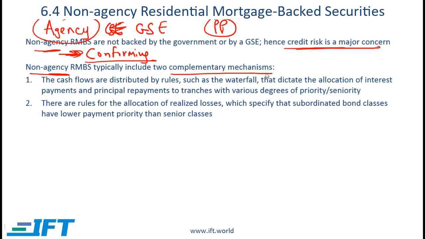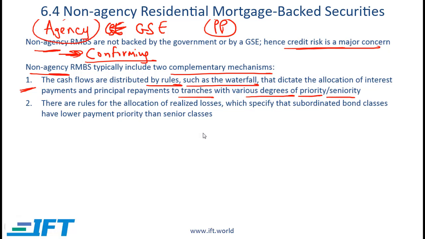There are two important mechanisms that you need to be aware of. The first one is that cash flows are distributed by rules such as the waterfall that dictate the allocation of interest payments and principal payments to tranches with various degrees of priority or seniority.